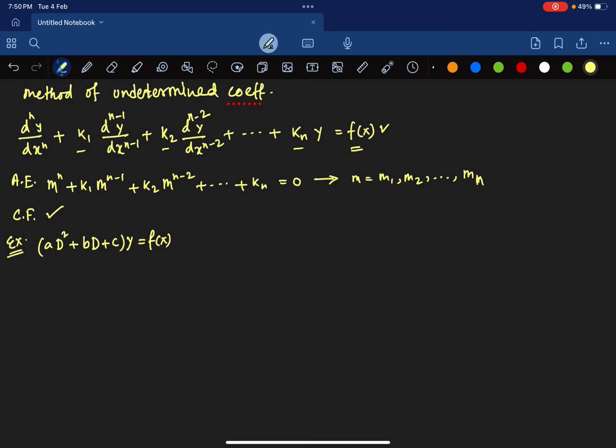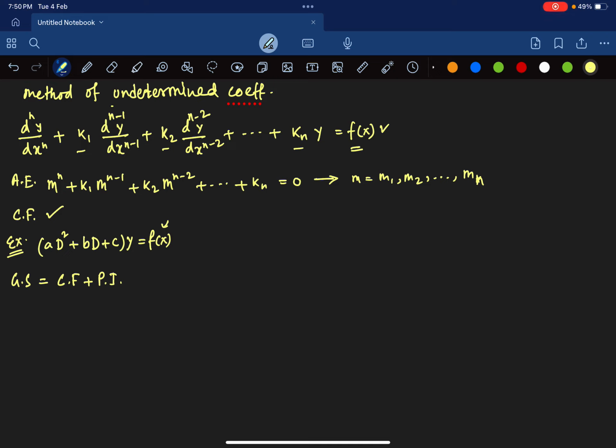In this case the general solution has two parts: the complementary function, which comes from the corresponding homogeneous equation, plus the particular integral, which is the contribution due to the presence of the non-homogeneous term.